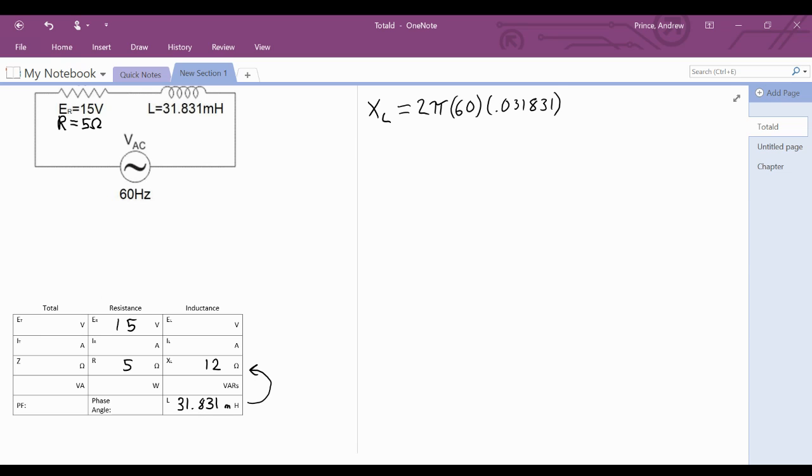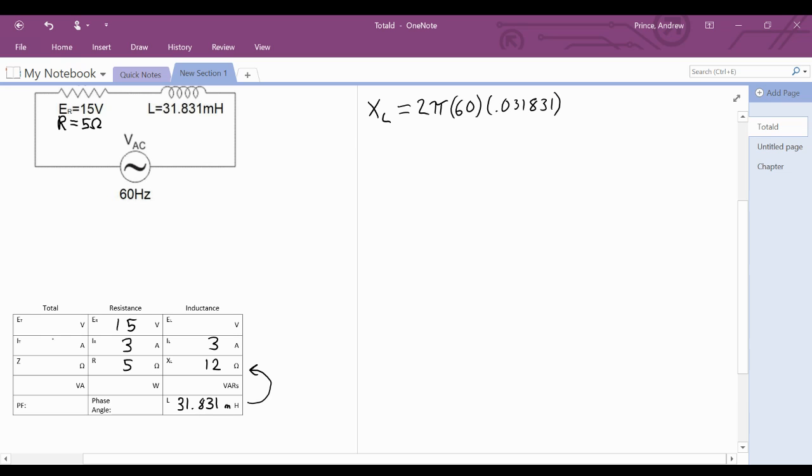Okay, so what can we solve for next? Well, based on the information we have, I could either solve for my total impedance or my current. Now, because it's a series circuit and the current is going to be the same across the resistors, inductors, and for the total, I'm going to go ahead and solve for that first. So 15 divided by 5, the voltage divided by the resistance is going to give me 3 amps.